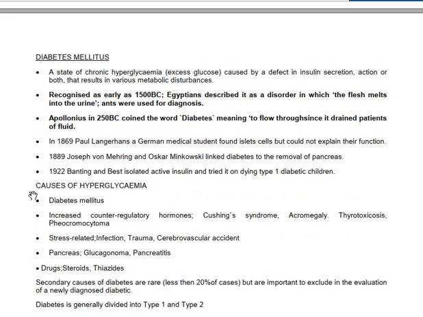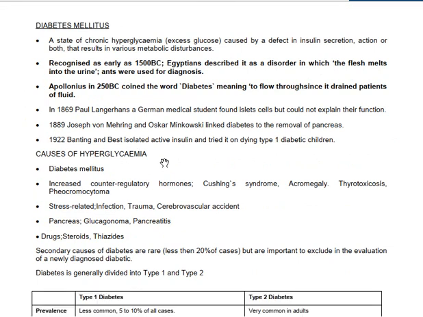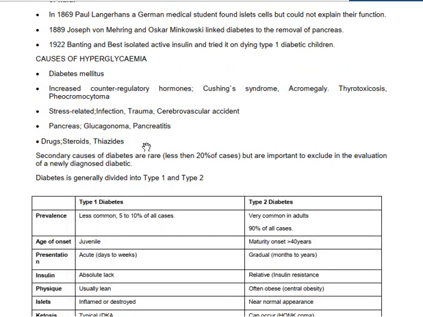And now we directly go to the causes of hyperglycemia. So what can cause you to have a high level of glucose? A major cause is diabetes mellitus. Now other causes: we had other hormones that increase the blood glucose level. One of them is adrenaline and noradrenaline. In cases where you have pheochromocytoma, you're going to have hyperglycemia.